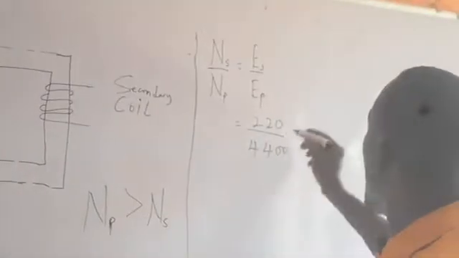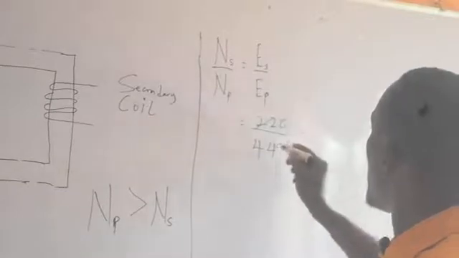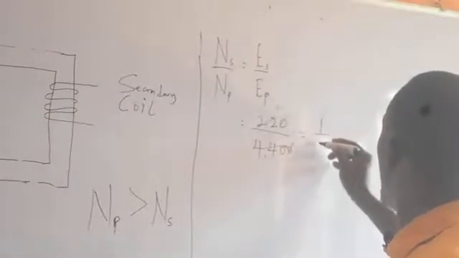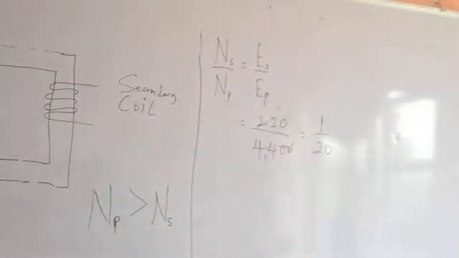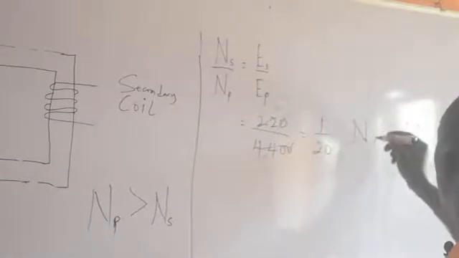Everything will be going to 22 here. We have 2, we now have 1 over 20. 22 into 4,400, they are going to be getting 20.